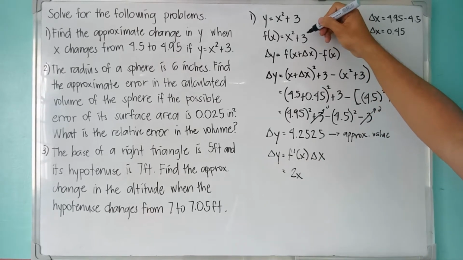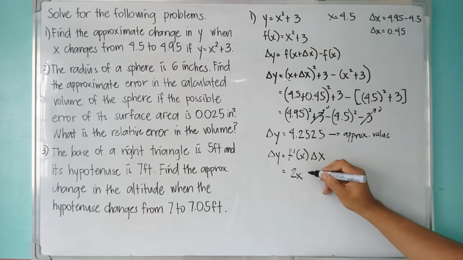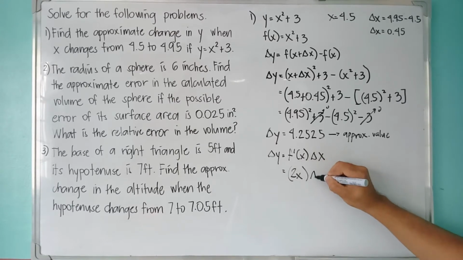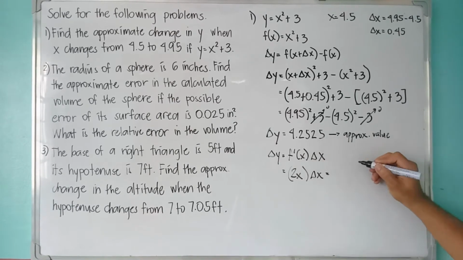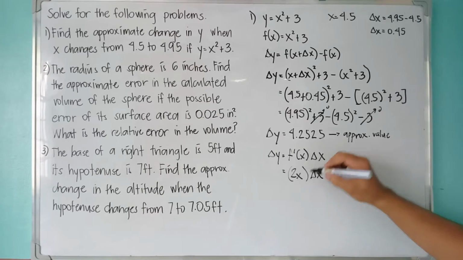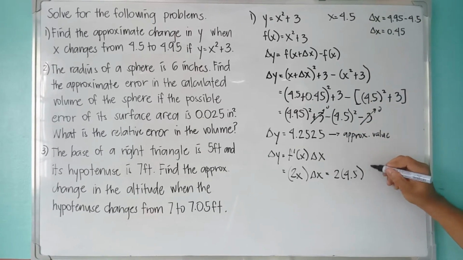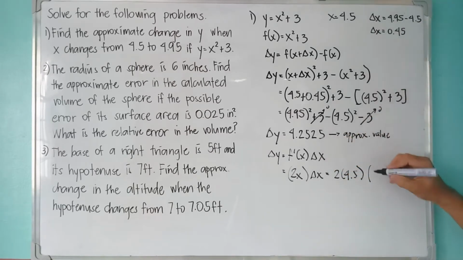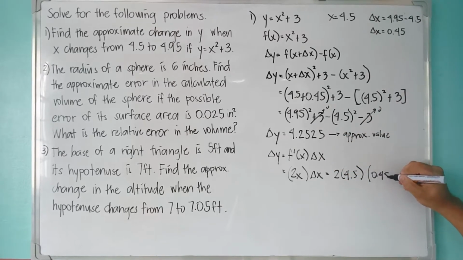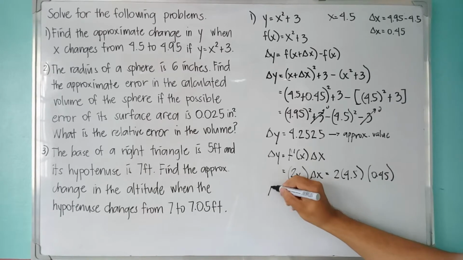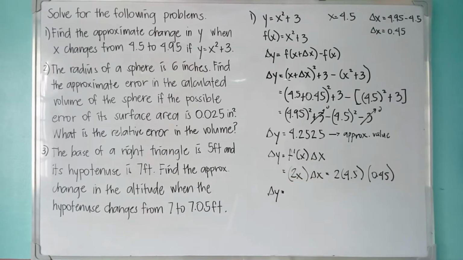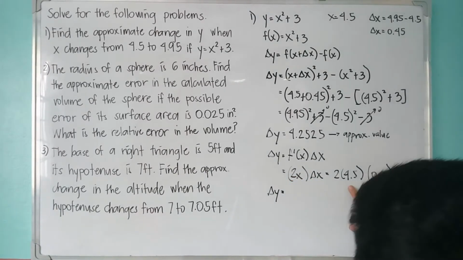Derivative ng 3 is 0, so 2x plus 0 is still 2x times ngayon ng delta x. Na kapag nag-substitute tayo ng value, meron tayong 2 times yung x natin which is 4.5 times yung delta x natin which is 0.45.